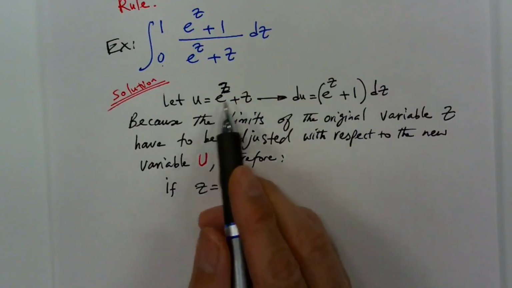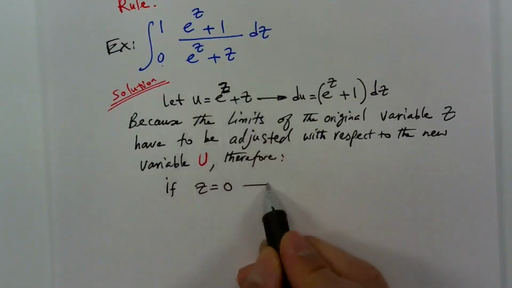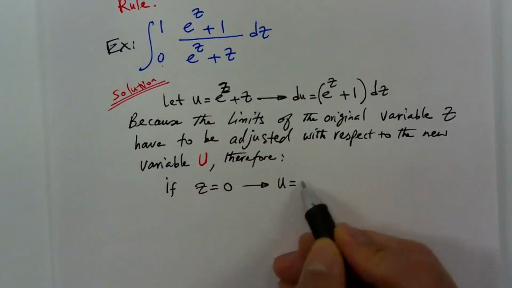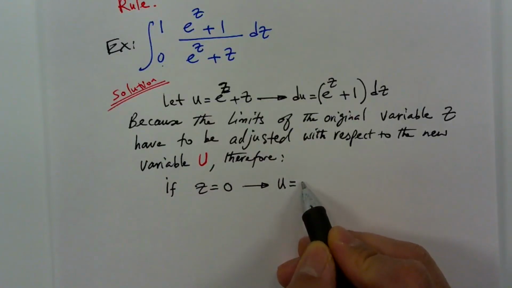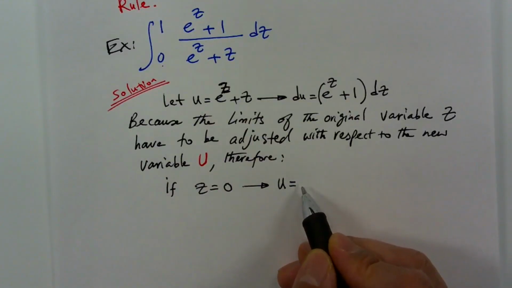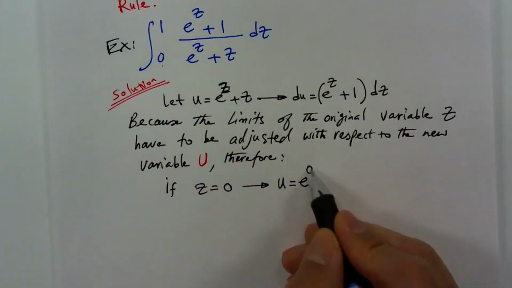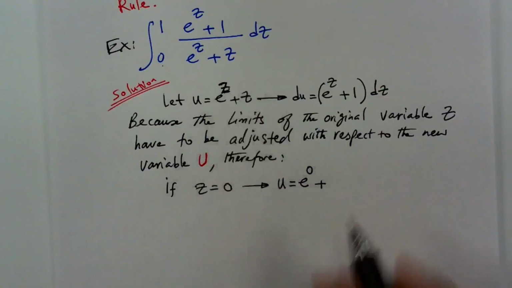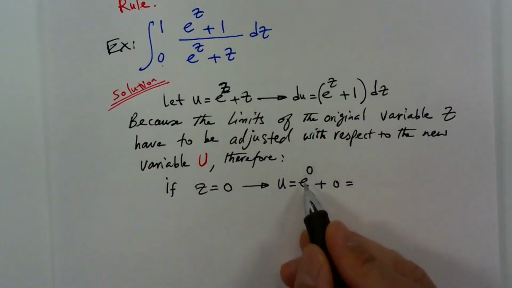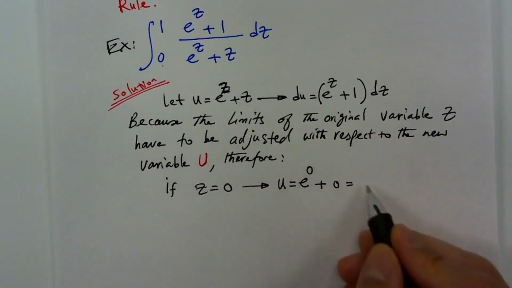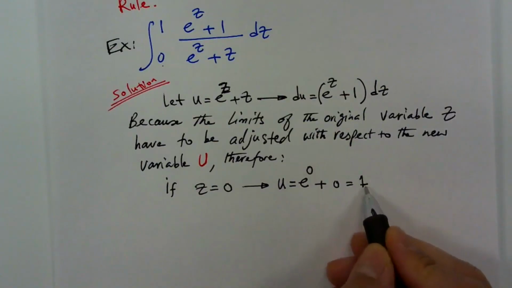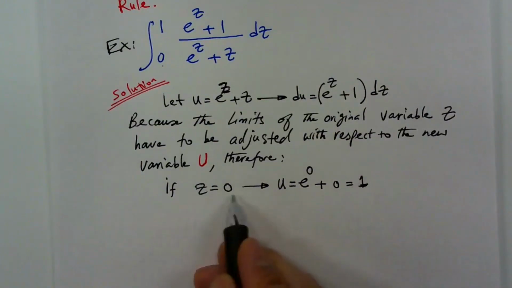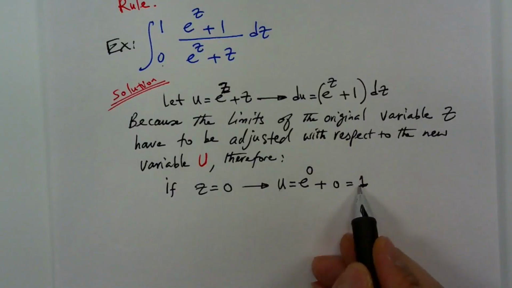If z equals 0 in this formula, then u would be e^0 plus 0. And e^0 is 1, and 1 plus 0 is 1. So when z equals 0, u equals 1.